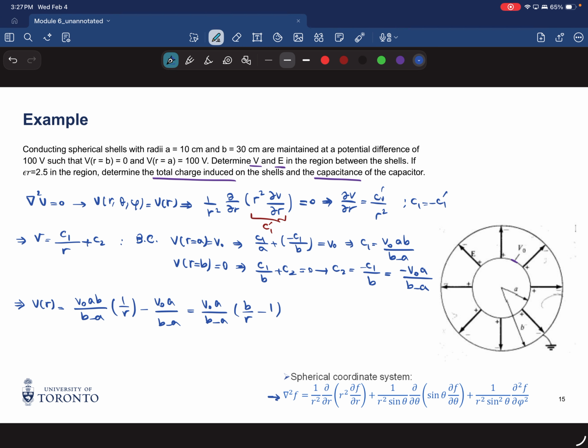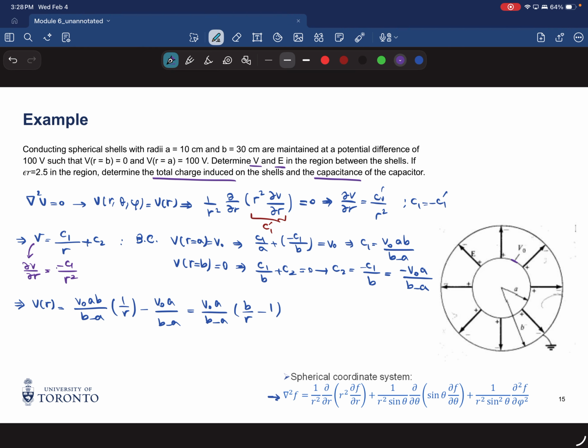Does it make sense? Sorry, can you explain how you found C1 and C2? Why did you plug in C2 is equal to negative C1 over B? Let's take the derivative of V. That's minus C1 over R squared, right? I'm just saying, at the beginning I knew it's a constant, right? If you want, you can keep it as C1 prime, it's just that you have to consider a negative later.